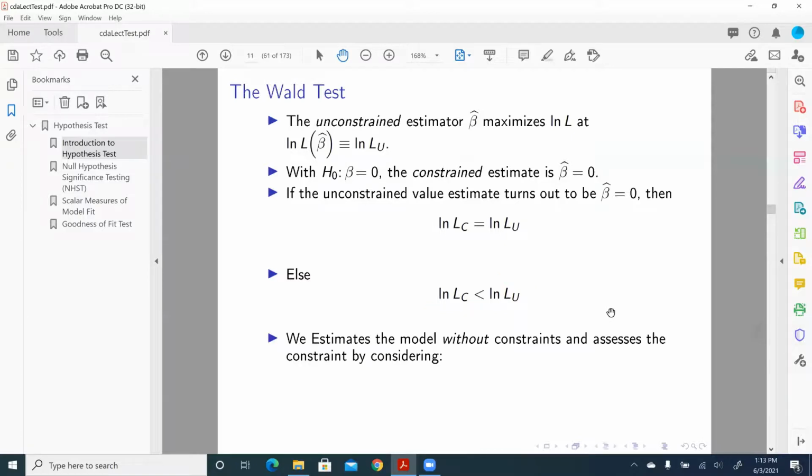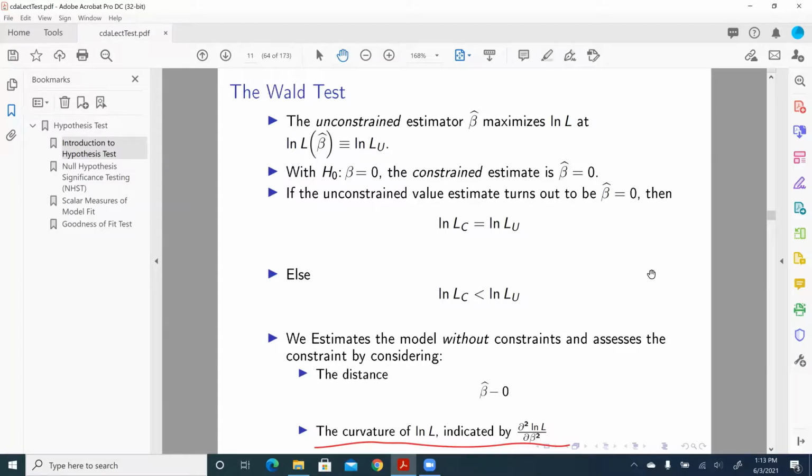Then we estimate the model without constraints and assess the constraint by considering the distance. We estimate the full, unconstrained model, gauge the distance, and then the curvature of the log likelihood, indicated by the second derivative, the Hessian matrix.